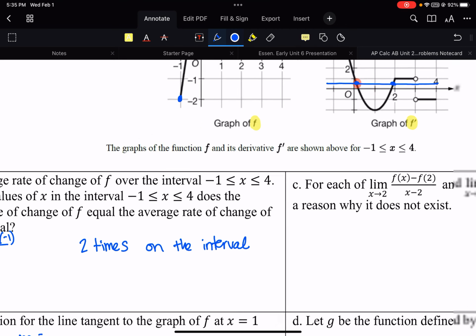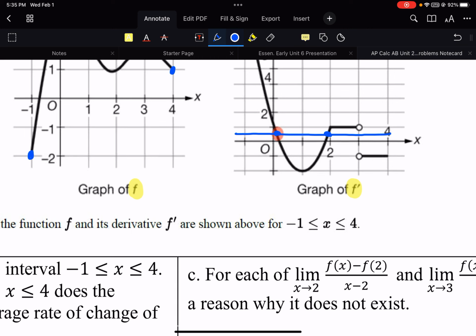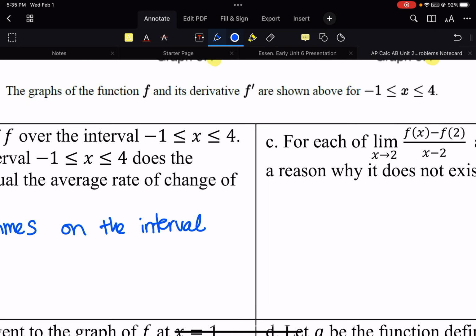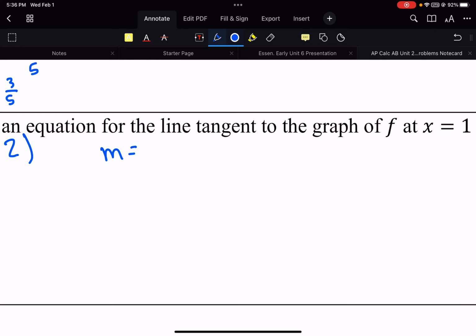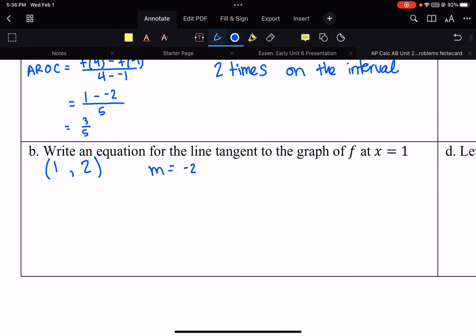And the slope, I can just look at my derivative. When I'm at x equals 1, it looks like my derivative is negative 2. So my m is going to be negative 2. So again, we're using that derivative to give us our slope, or instantaneous rate of change.